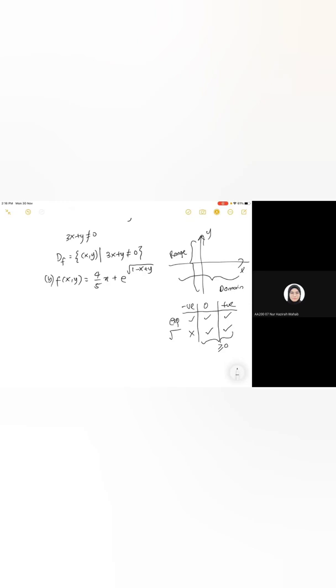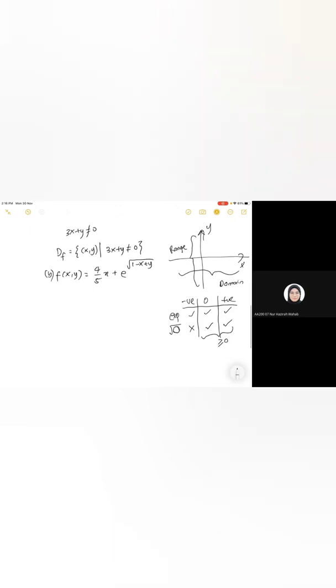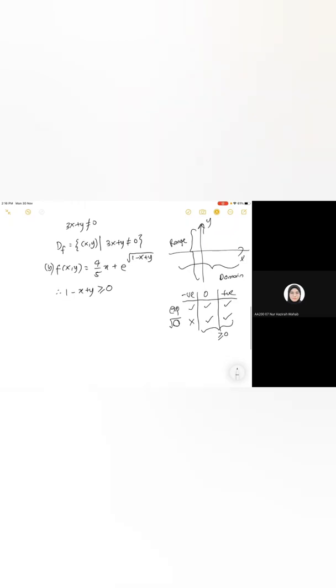Whatever terms here, whatever terms in your square root, can only be defined if it is greater than or equals to 0. So your domain here must be 1 minus x plus y greater than or equals to 0. Faham? Kalau eksponen tu dia boleh ambil semua. Tapi sebab eksponen tu dia ada kuasa square root, so we have to look into that square root pula.